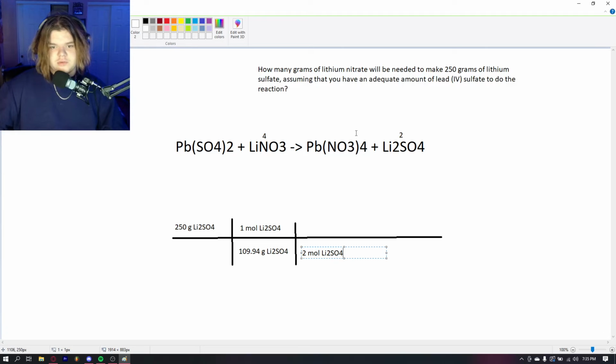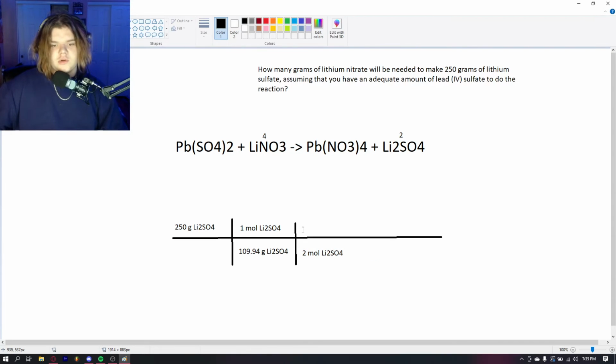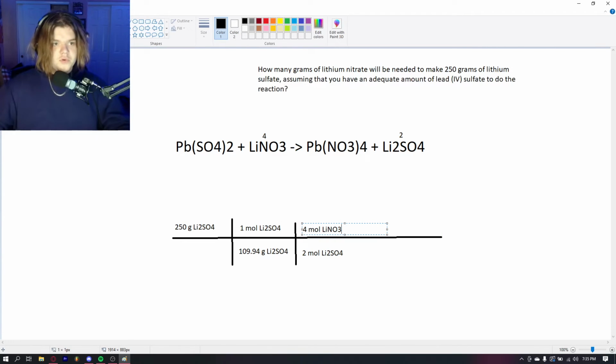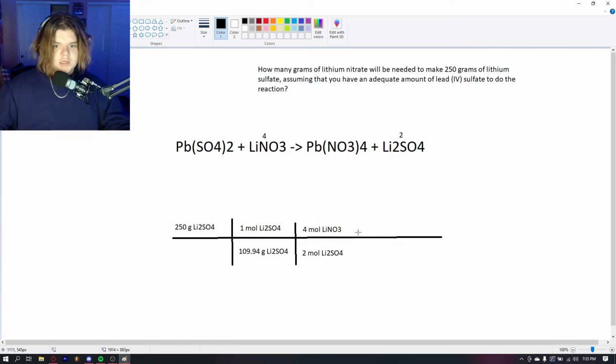Lithium nitrate is the main focus of this, and we have 4 moles of lithium nitrate, so we're going to put that right above the 2 moles. And then, boom! Now all we need to do is figure out the amount of grams of lithium nitrate we'll need to make 250 grams of lithium sulfate. And we already know how to do this.